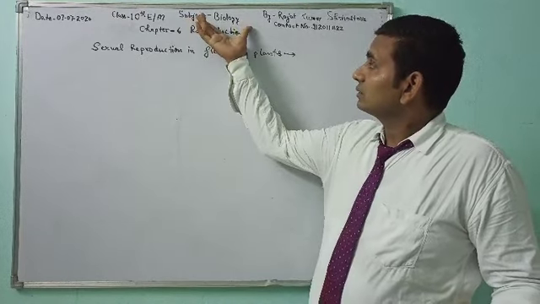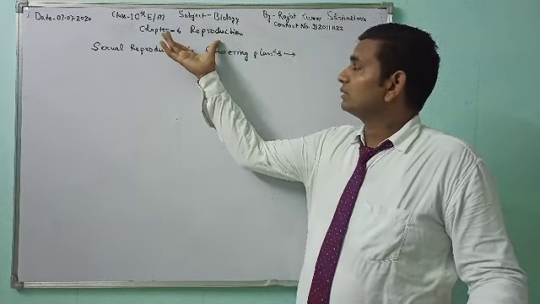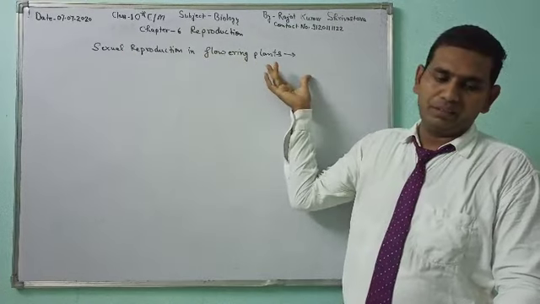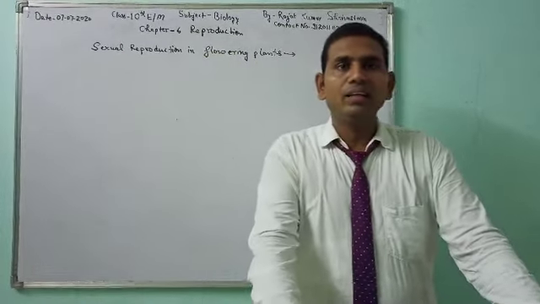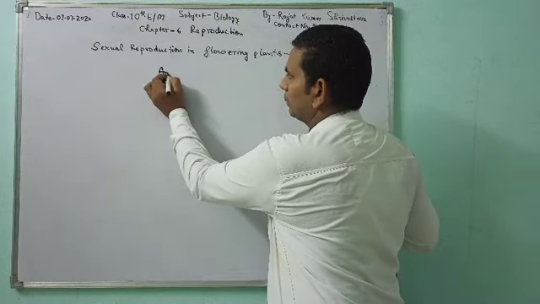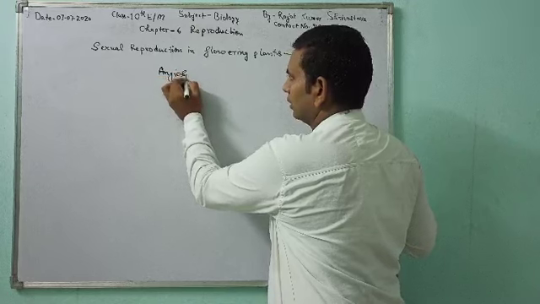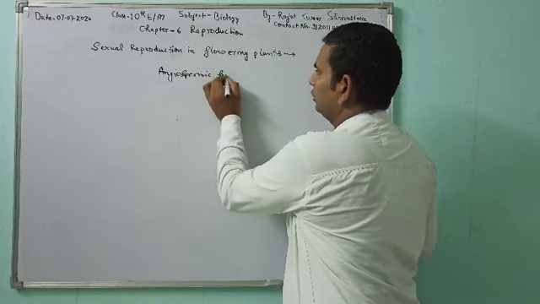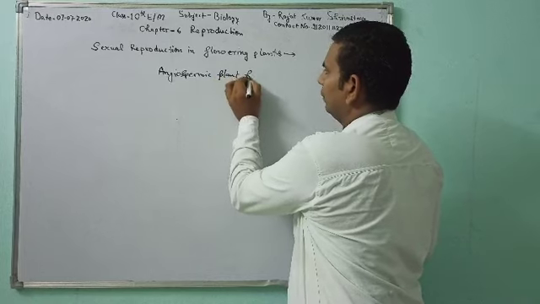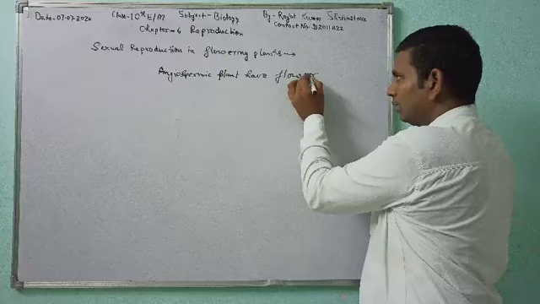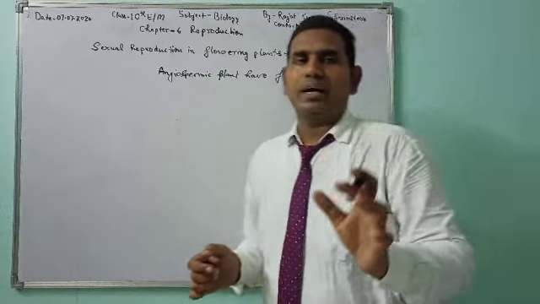Today we will discuss the subject biology, chapter 6, and the topic is sexual reproduction in flowering plants. We know that all the angiospermic plants have flowers. Flowers are of two types.